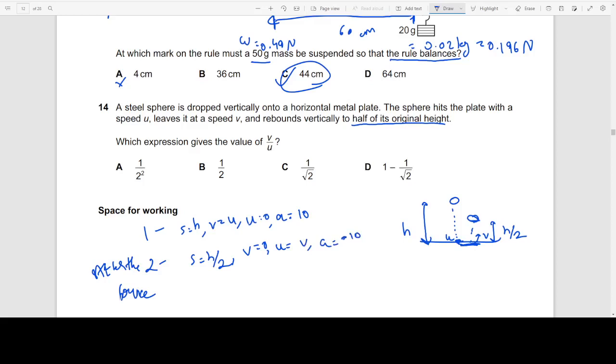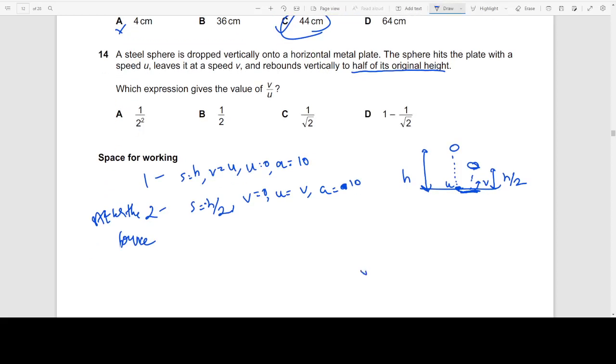No, wait, a is just going to be 10 again, and s is going to be minus h upon 2 because it's going upwards. So we just have to find the expressions for both of these.